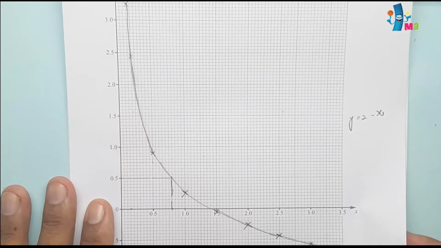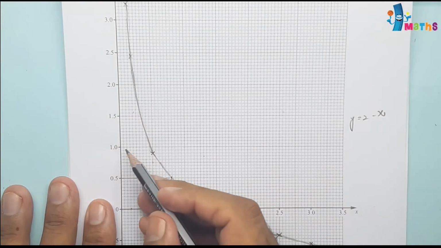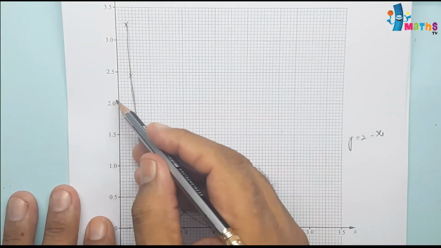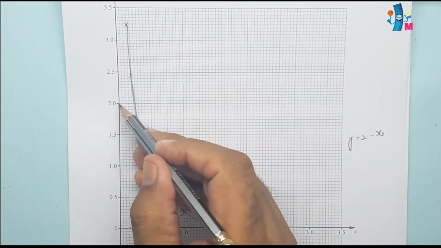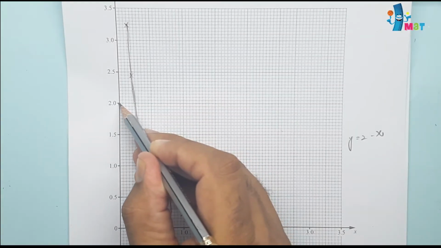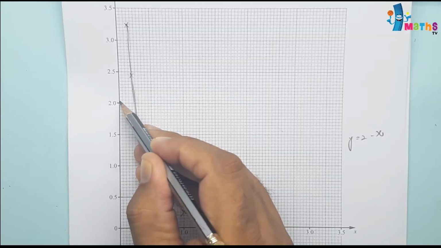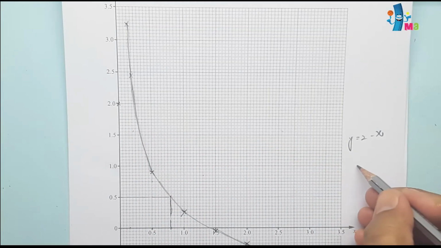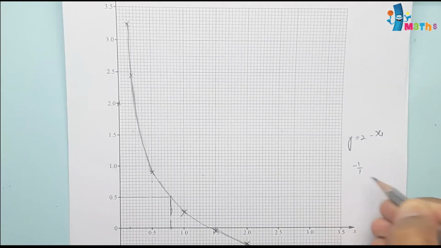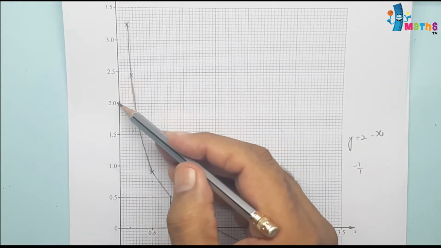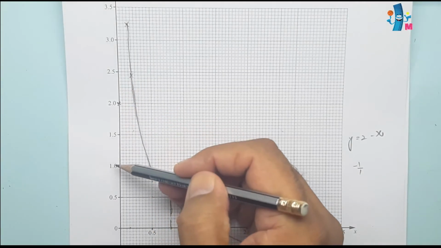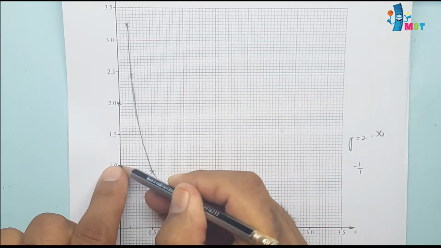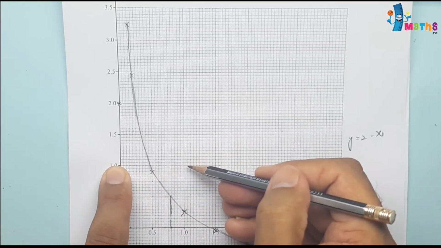So we have to draw this. The y intercept is 2, so the line is passing through this point. We can mark this point, and the gradient is minus 1, so minus 1 over 1. We move from here 1 unit down and 1 unit right, which will be over here.